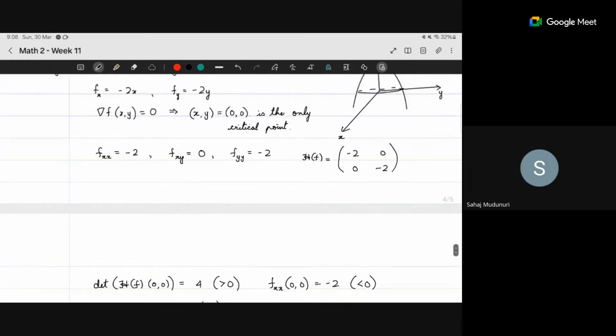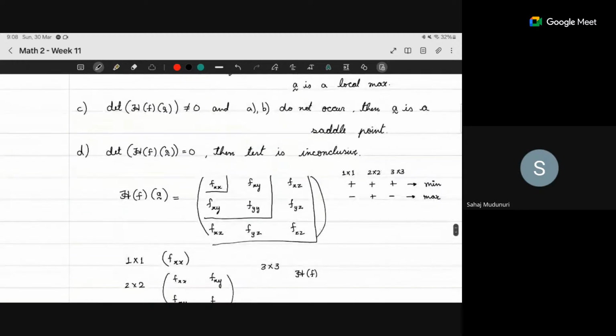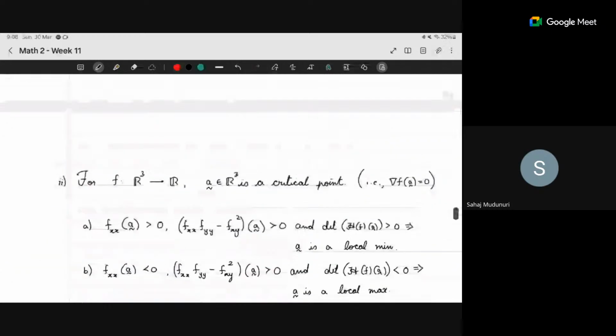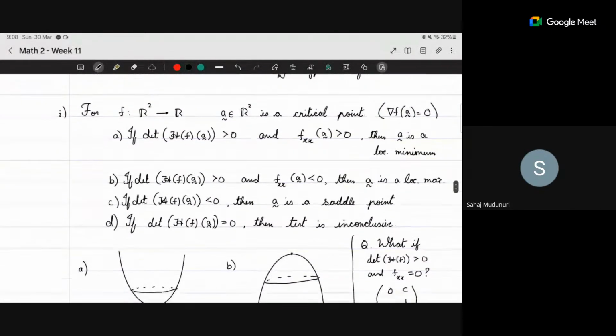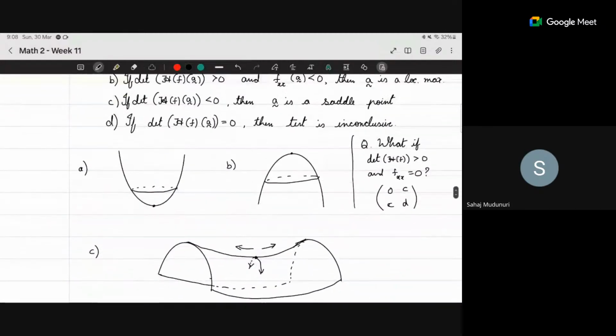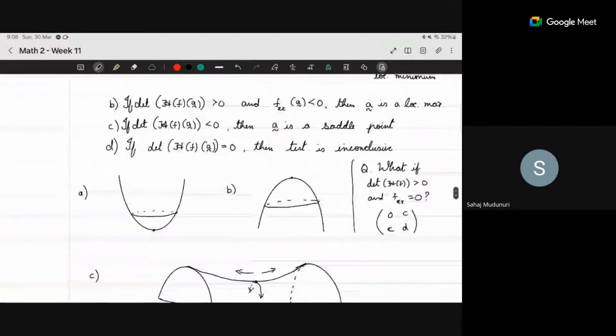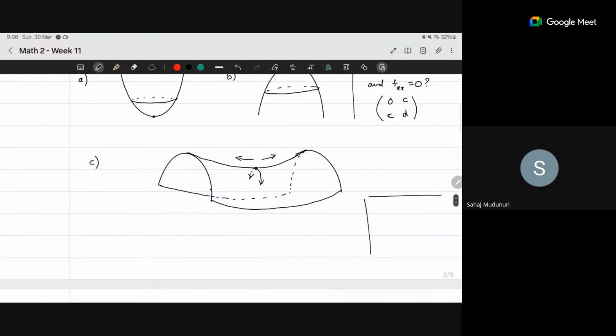Oh, and by the way, this 1 cross 1 submatrix, 2 cross 2 submatrix and 3 cross 3 submatrix works over here also. To remember the conditions, I'll write it over here. So here you have fxx, fxy, fxy, fyy.